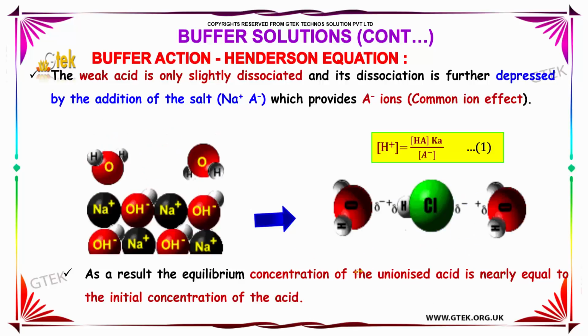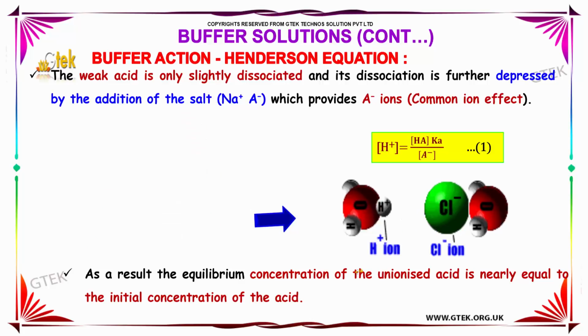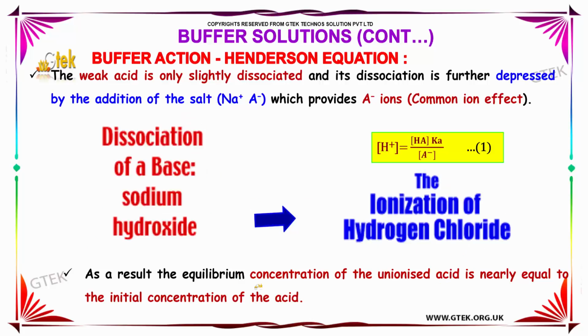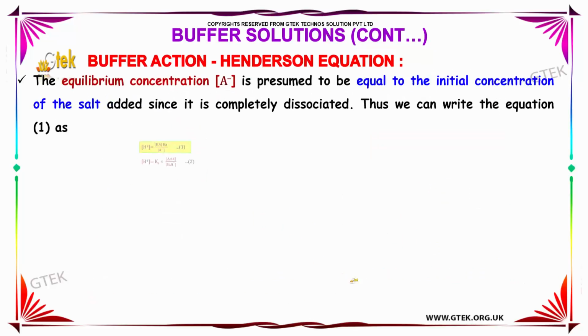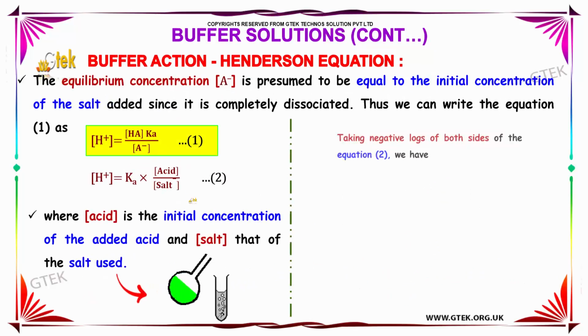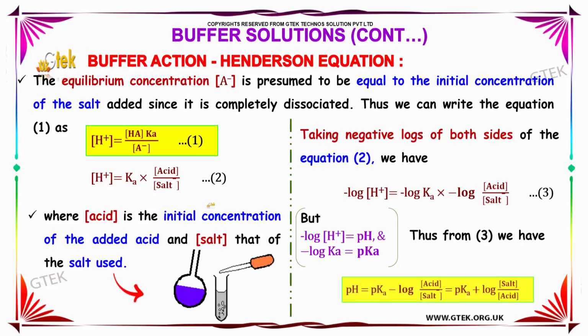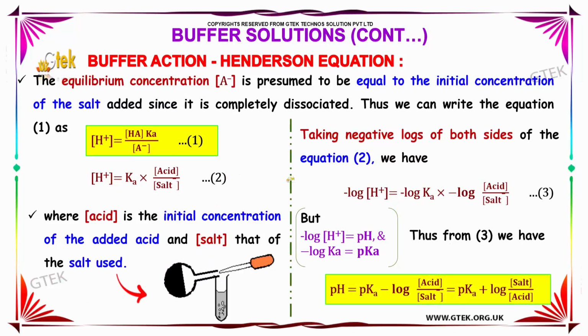As a result, the equilibrium concentration of the unionized acid is nearly equal to the initial concentration of the acid. The equilibrium concentration of A minus is presumed to be equal to the initial concentration of the salt added.